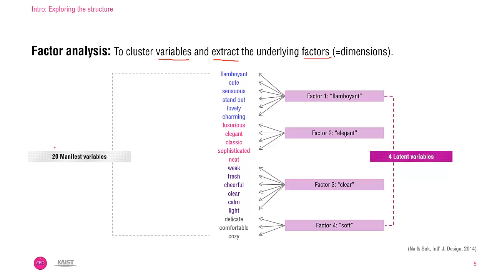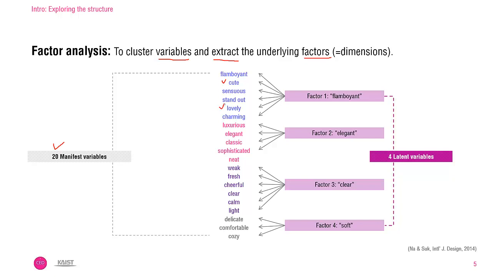Initially, we had 20 adjectives as dependent variables. We will try to evaluate the characteristics of many colors in terms of these 20 adjectives. Each of the 20 adjectives can be used to assess a certain characteristic of a single color. But suppose a color has a high score in terms of cute, then it is not difficult to guess that that color would have obtained a quite high score as well in terms of lovely.